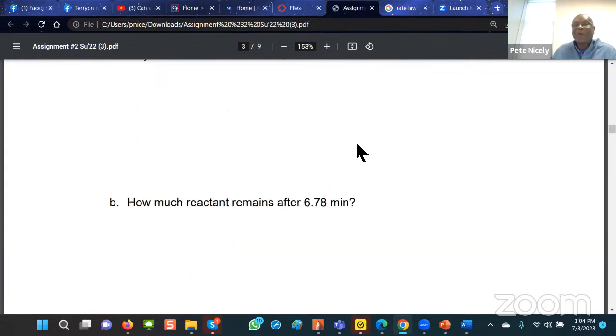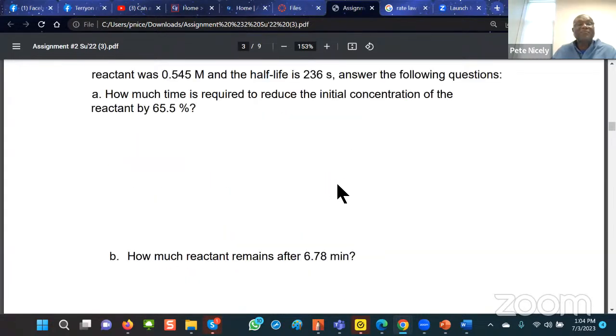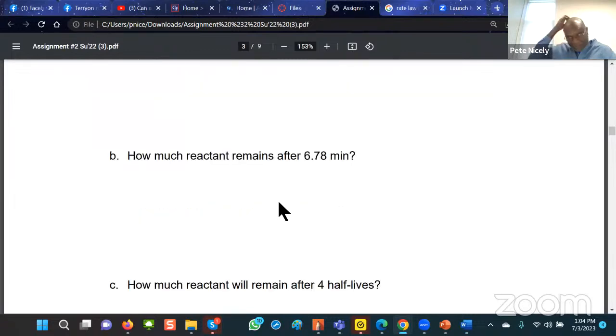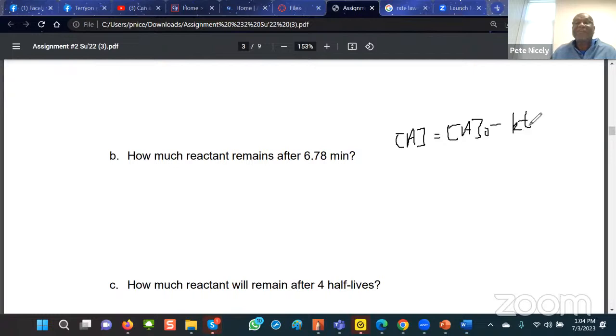All right. Now we're going back to using the same equation, which is, as I said before, the concentration of A is equal to the concentration of A0 minus kt, right? Now, this question says, how much reactant remains after 6.78 minutes? So what the question is asking for is this, right?